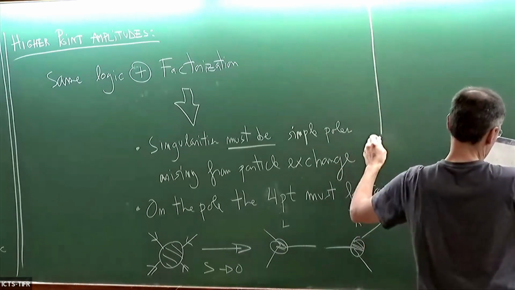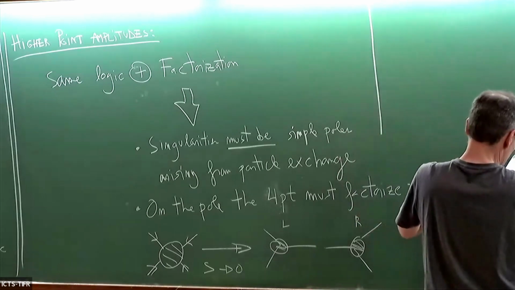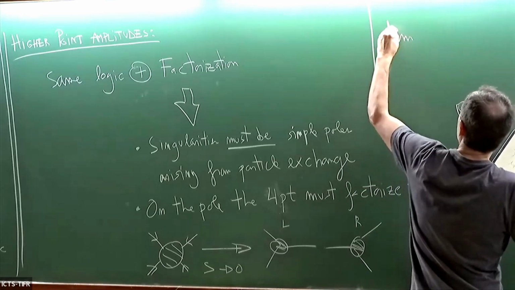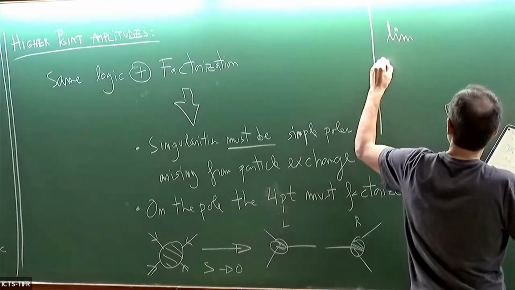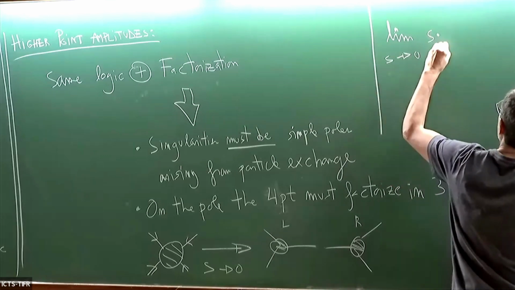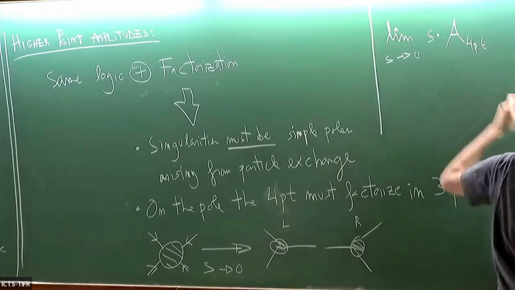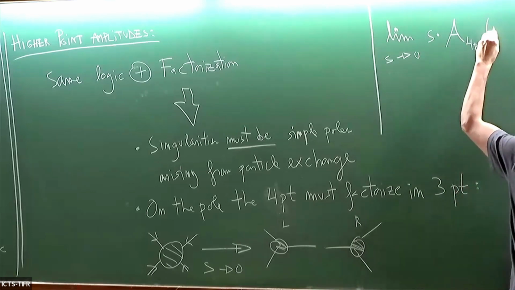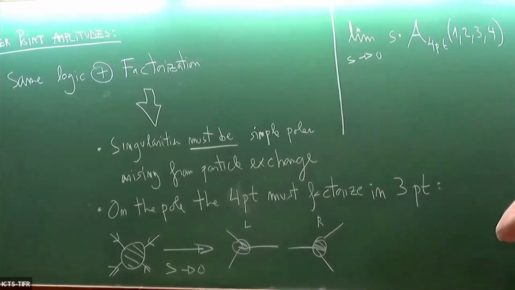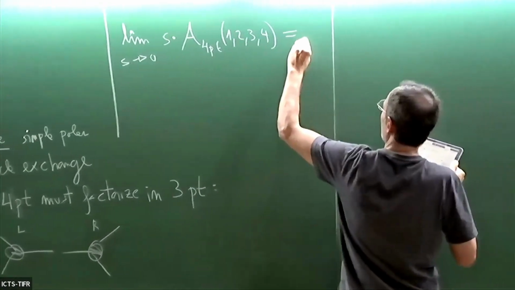Let me put it here more clearly, much more exact, now with all the I's. The limit when S goes to 0, if I have a singularity, of S times the 4PT amplitude of particle 1, 2, when I have particles 3, 4, should be equal to, and now there are some I's here that I put because of my conventions.